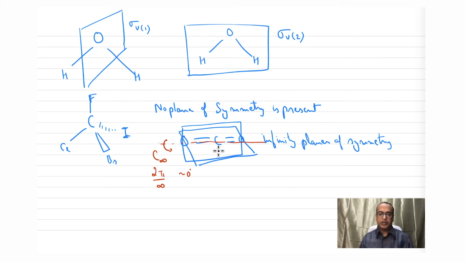So infinity such operations will be there, because you can carry out the molecular rotation to 0.1 degree, 0.2 degree, 0.3 degree and so on. So you can be close to any small angle, and it will give rise to an identical or equivalent configuration, and thus it will be called C infinity. Now the planes lying along this infinity axis will be infinity in number, so infinity planes of symmetry, right?